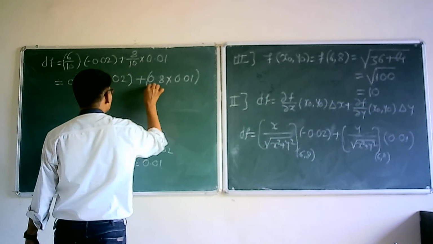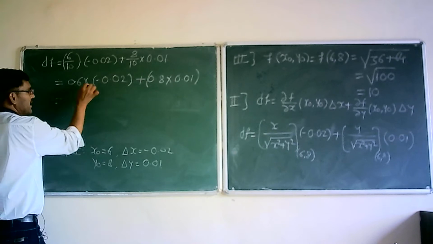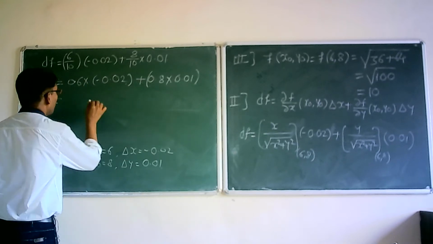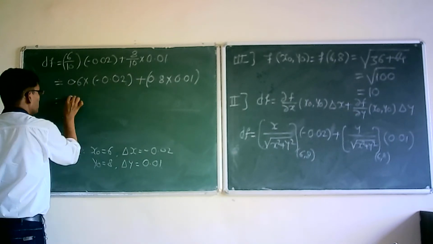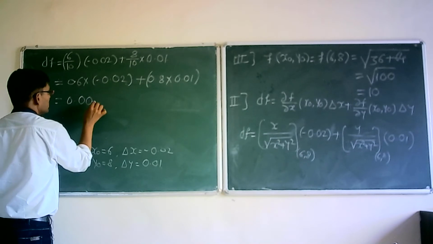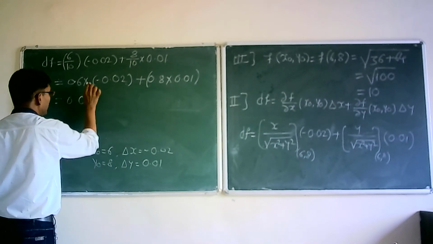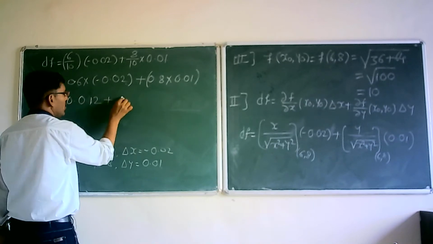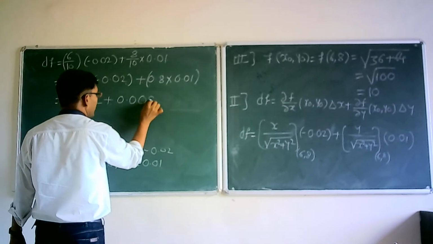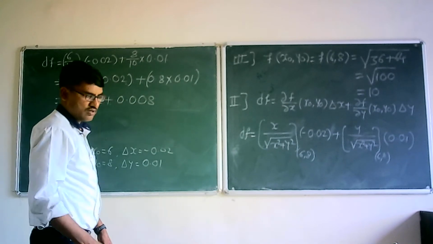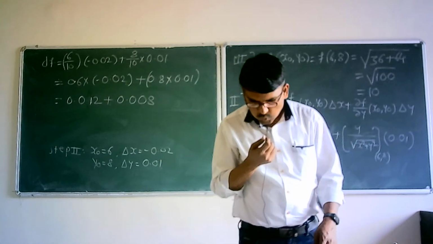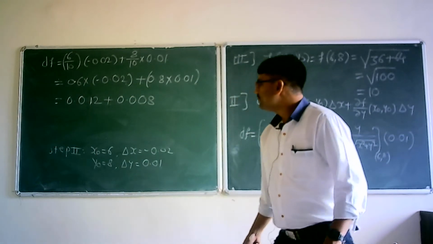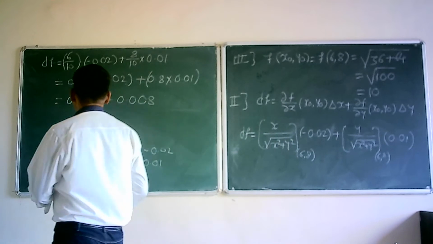So if we simplify this, we know that 6 times 2 is 12, and how many decimal points? 1, 2, 3. So 0.012, plus 0.008. So if we add these two terms, sorry, there is a minus sign.